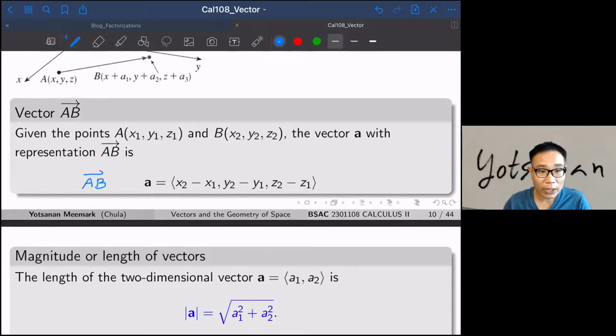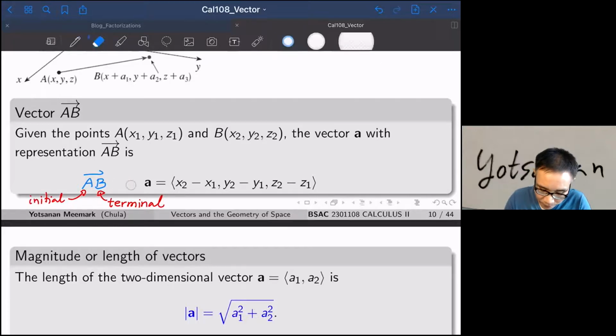When you write something like this, the initial point is at A and B will be the terminal point. So this guy will be AB.